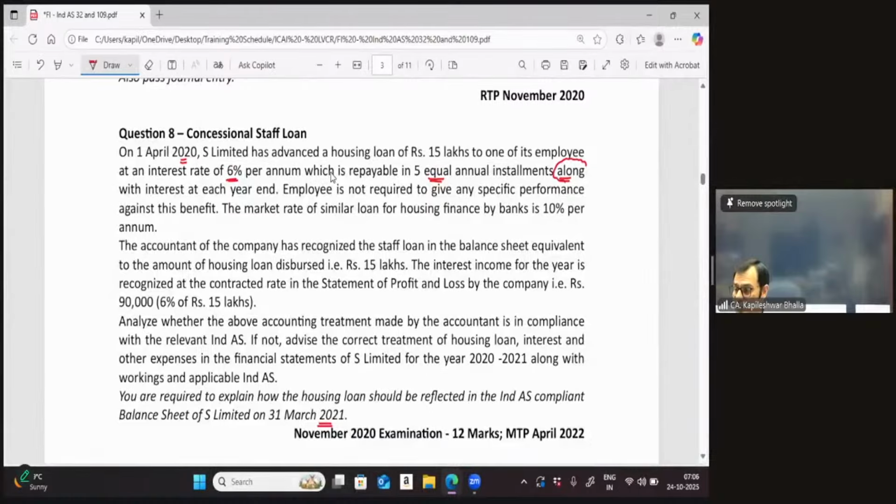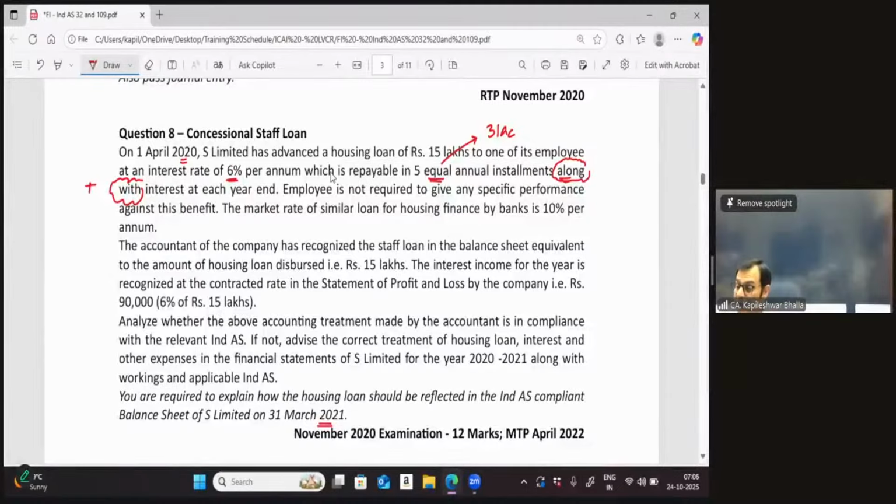When the word along with is used, it indicates a plus. So once it says that there are 5 equal annual installments, it is pretty clear we're talking in terms of the principal amounts being equal. So we're going to pay that 15 lakhs in 5 equal installments, that is 3 lakh plus the interest.